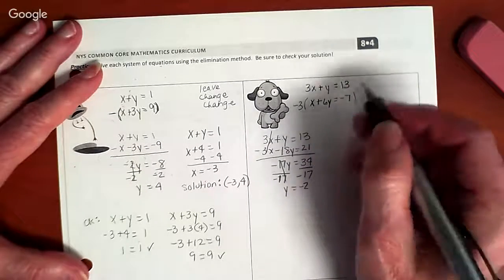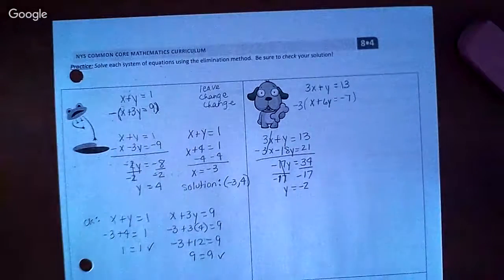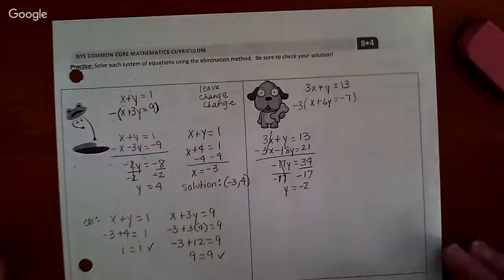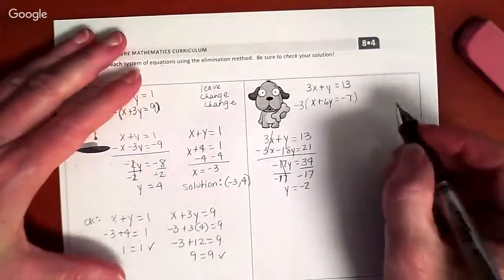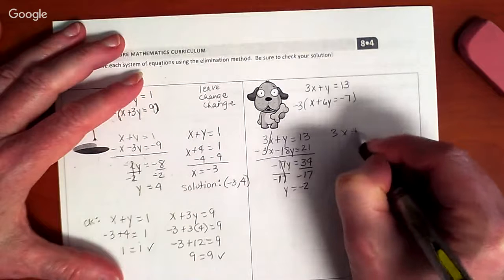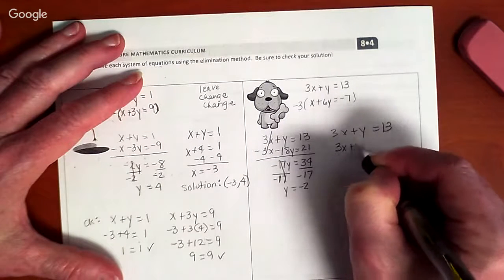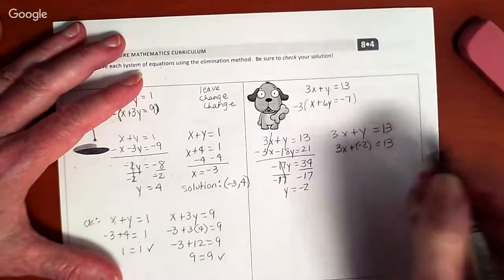So now I'm going to replace this in 3x plus y equals 13. 3x plus negative 2 equals 13.